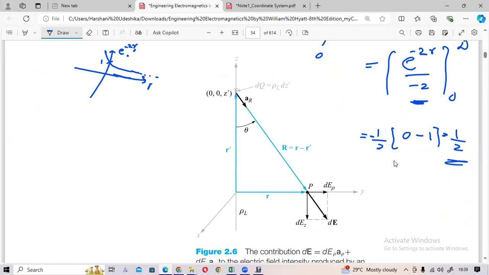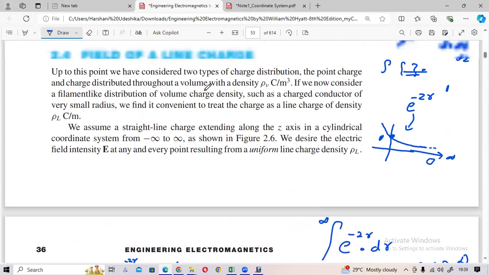So e to the power minus infinity means 0. E to the power 0 means 1. 0 minus 1, so you will have minus 1. Here you will have minus half times minus 1. You will have half. So that is very easy.